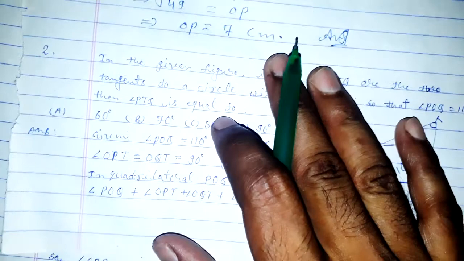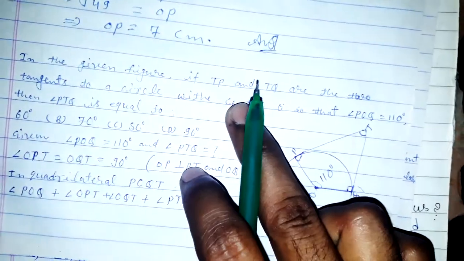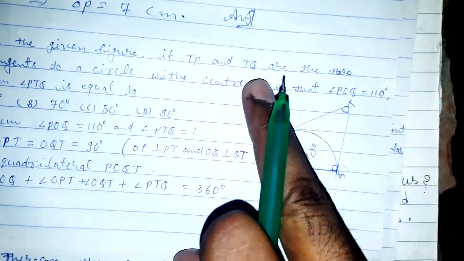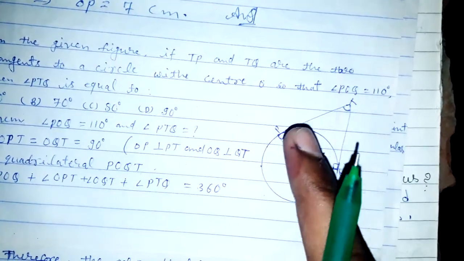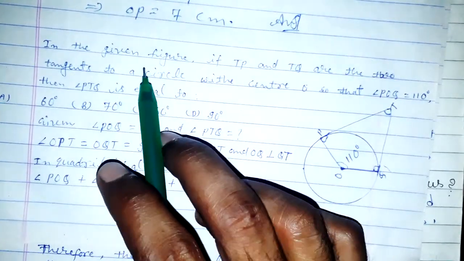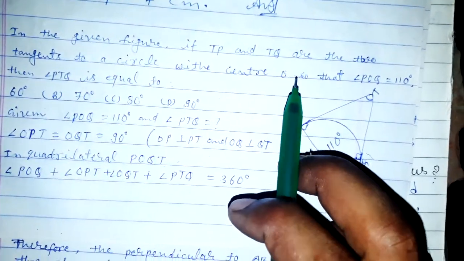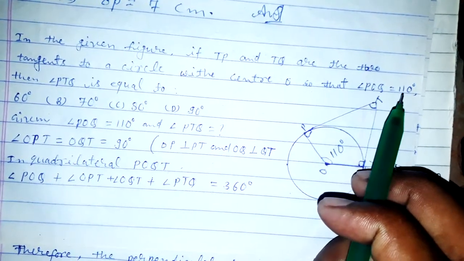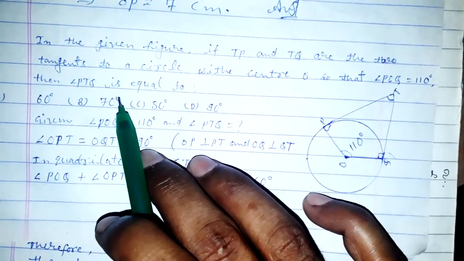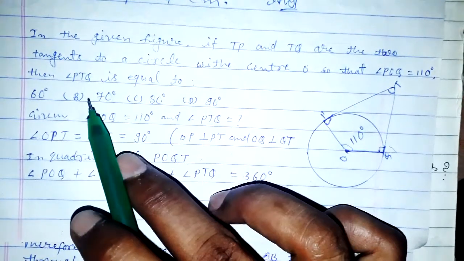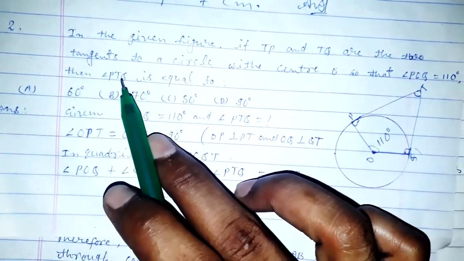Next question. In the given figure, if TP and TQ are the two tangents to the circle with center O, so that angle POQ is equal to 110, then find the value of angle PTQ.